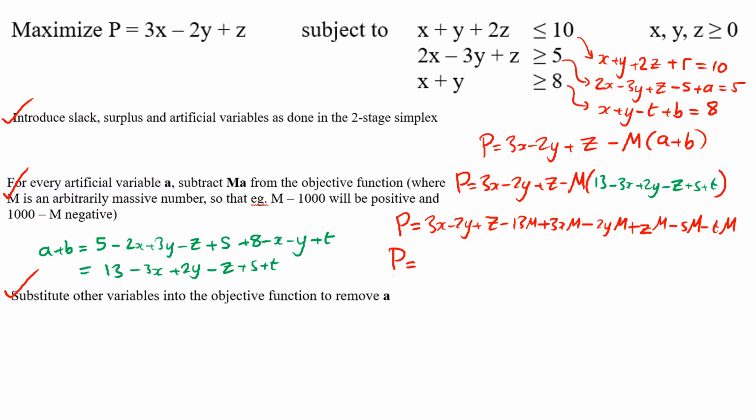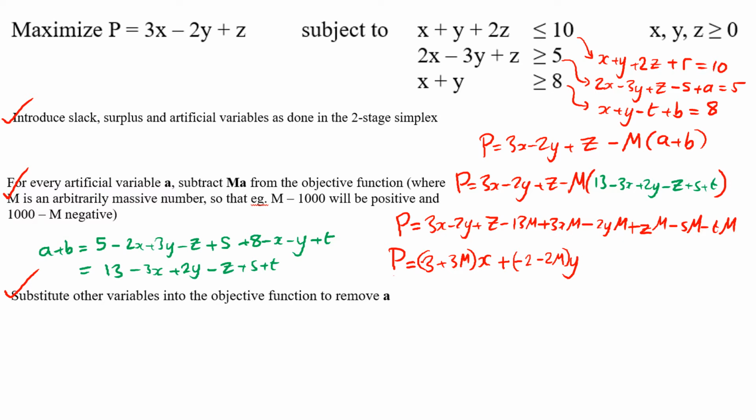Okay, so the next thing we're going to do at that stage is then collect our terms together. So that means taking out factors of x, so we're going to have 3 plus 3M lots of x. We're going to have, and I'm going to have these all as pluses because it'll make my life a bit easier, I think, minus 2 minus 2M lots of y.